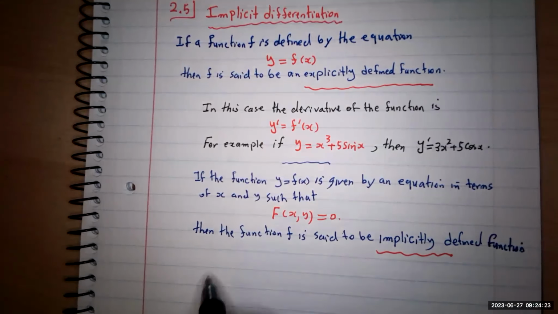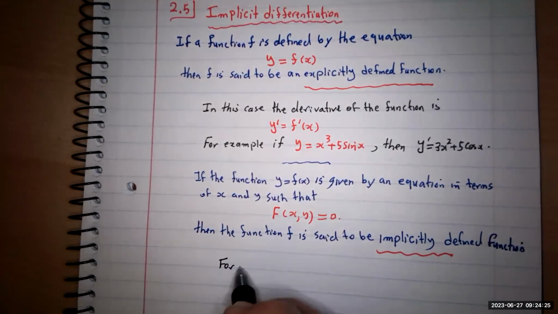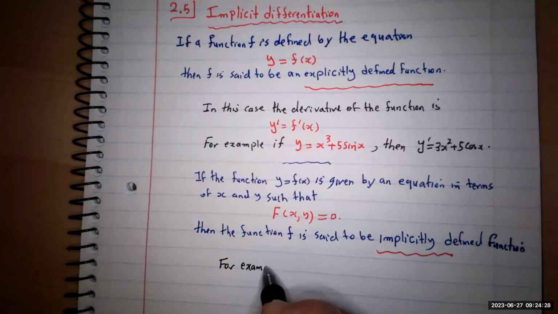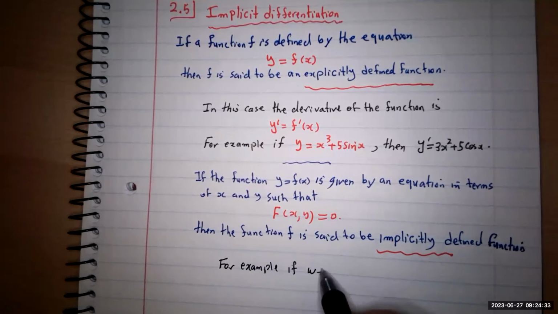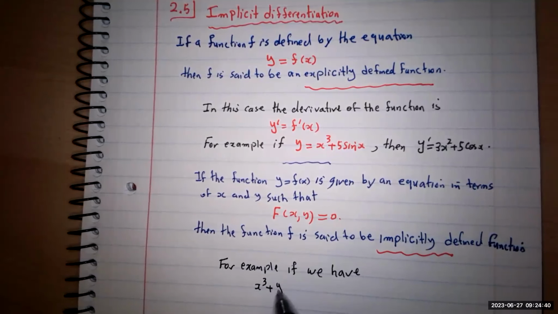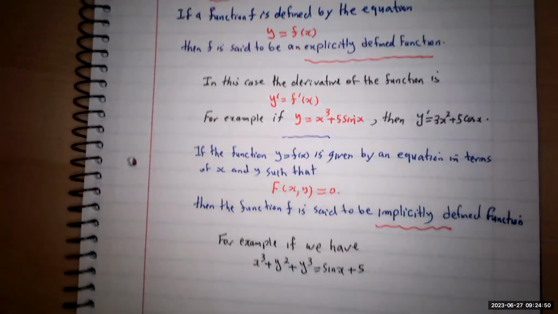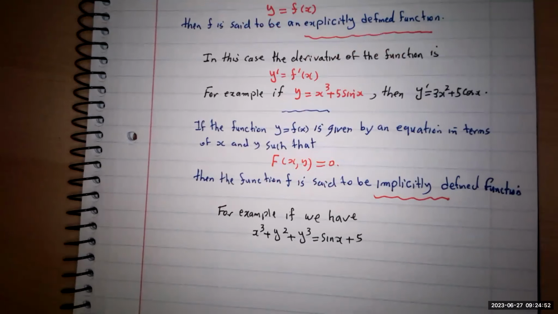So for example, if we have something like x cubed plus y squared plus y cubed equal to sine x plus 5, this is an equation in terms of x and y.